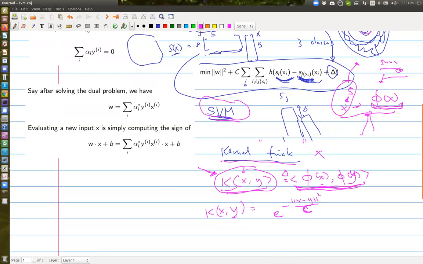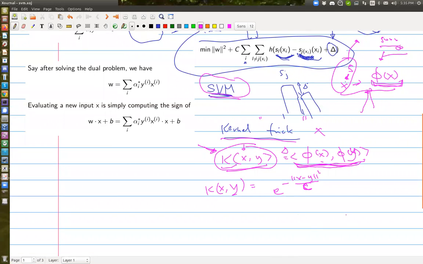So if x is close to y, this value will be big, otherwise it will be small, decaying exponentially.